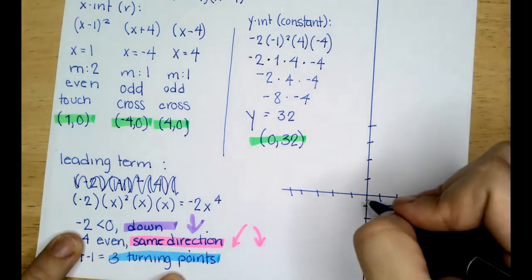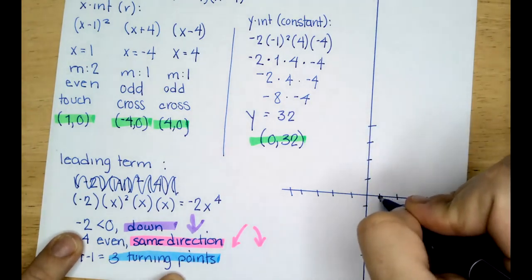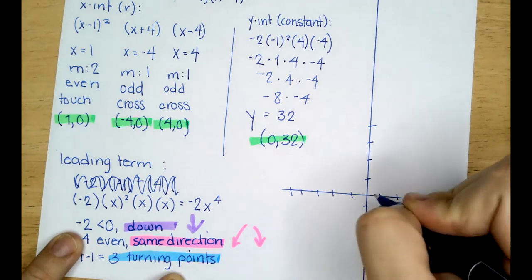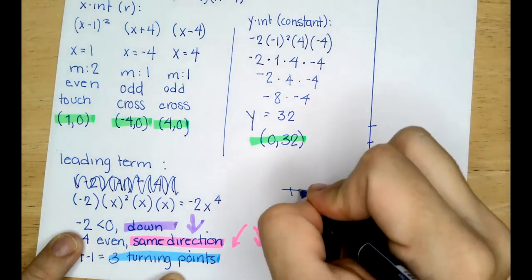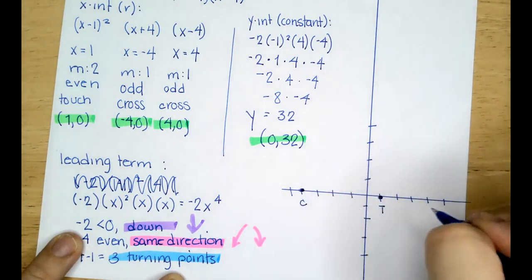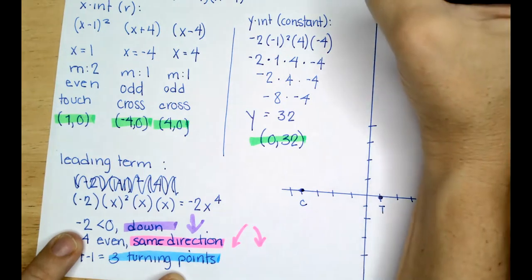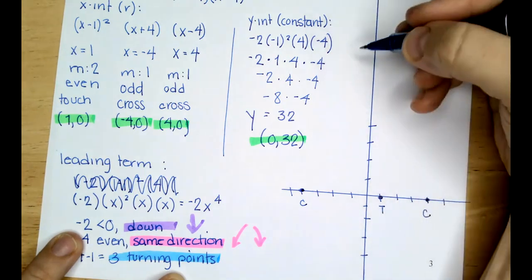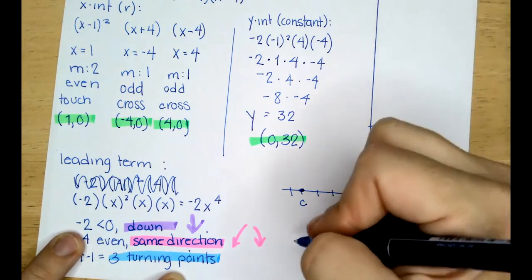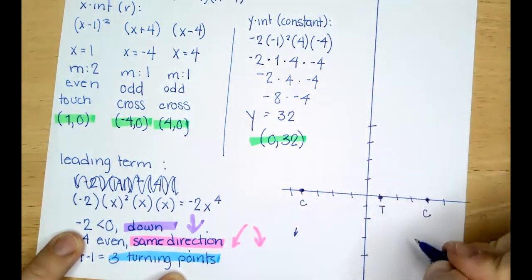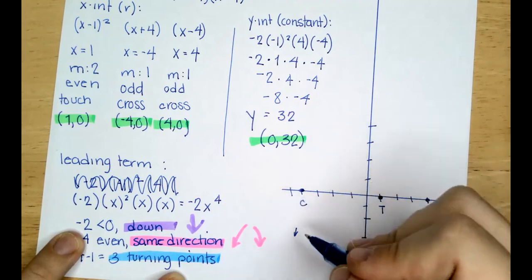All right. At (1, 0), it'll touch. At (-4, 0), it'll cross. And at +4, it'll cross. It's gonna cross the y-intercept way up here. And it starts down, ends down. Okay.